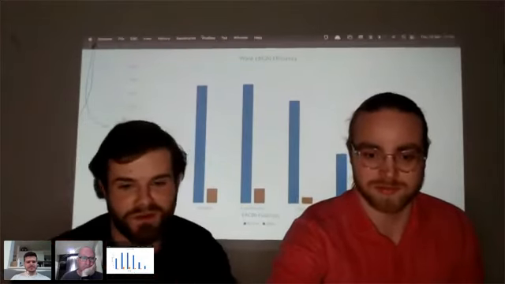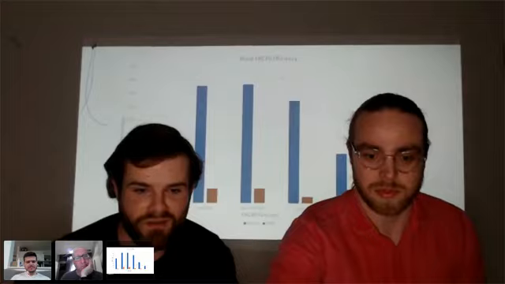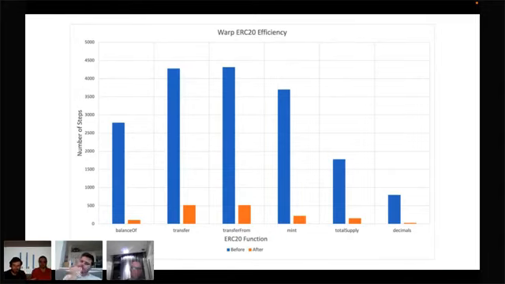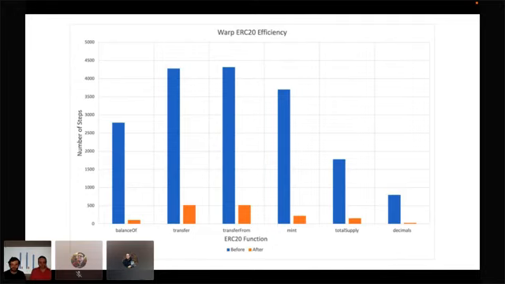So this is Warp 2.0 versus 1.0. And as you can see, this is the Yul version of Warp, and it's pretty much not even on the graph. The blue lines are the number of steps in Cairo. This is generally how we think about efficiency in Cairo, through step count.